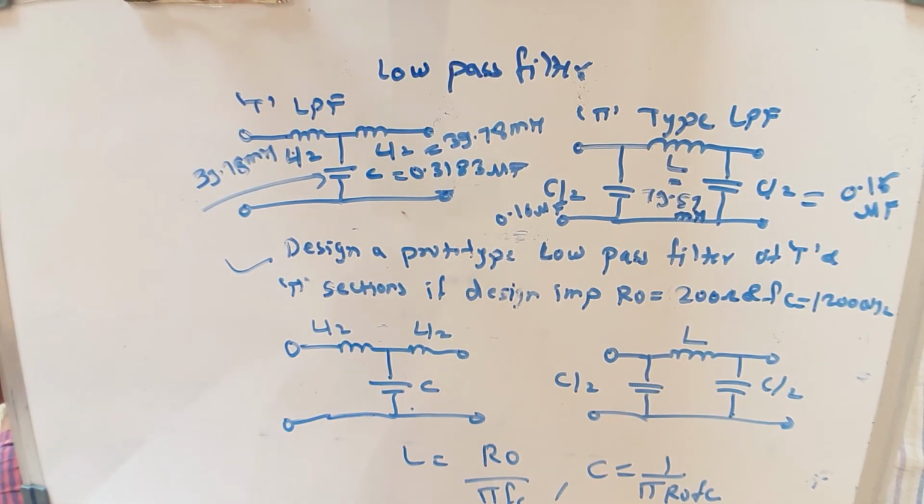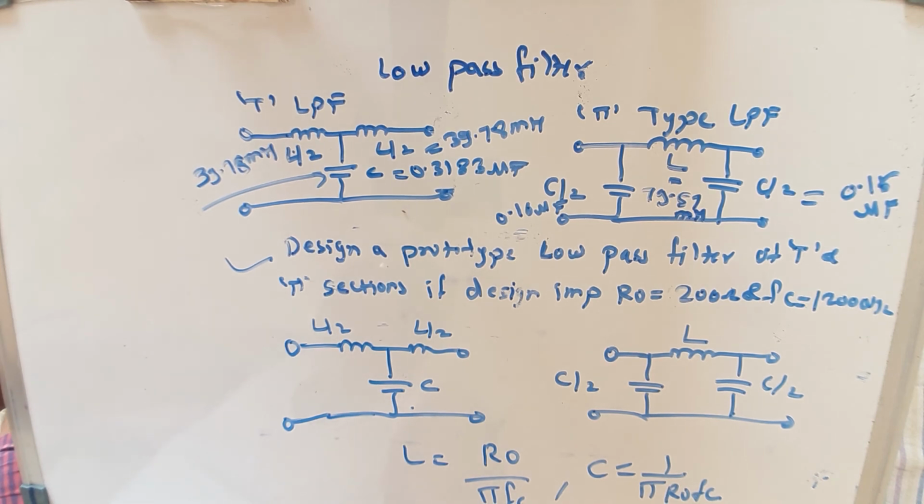Today we saw what a T type network and a pi type network are. Then we designed the T type low pass filter and pi type low pass filter.